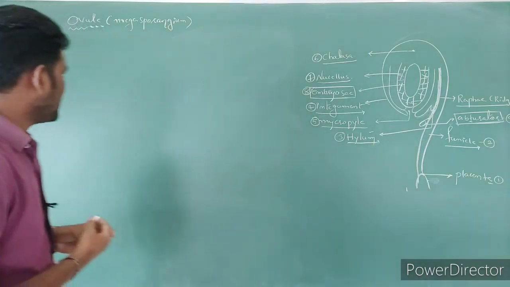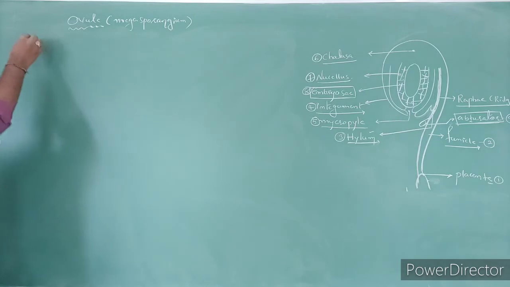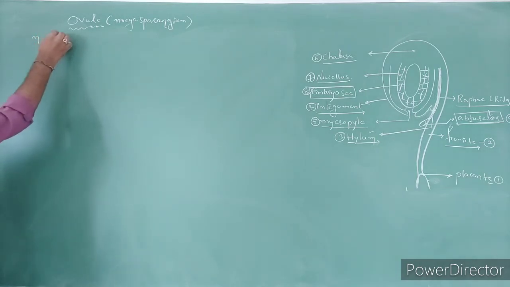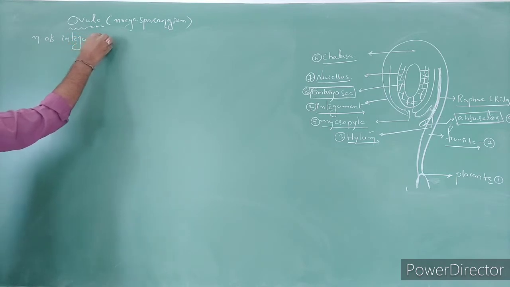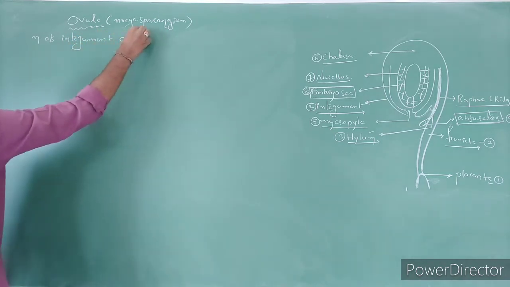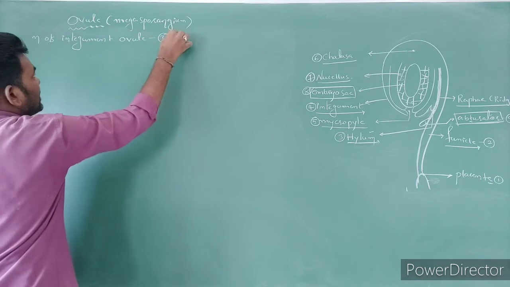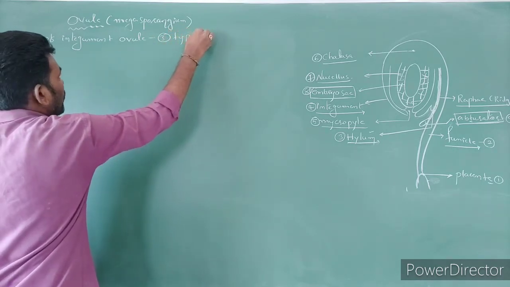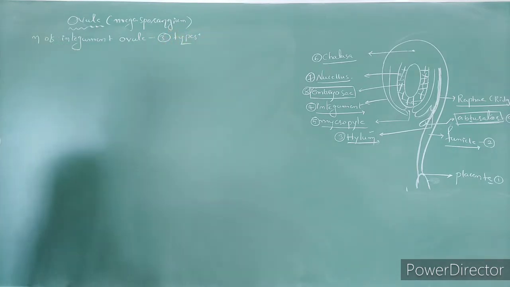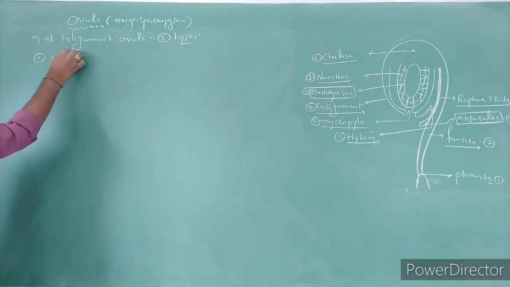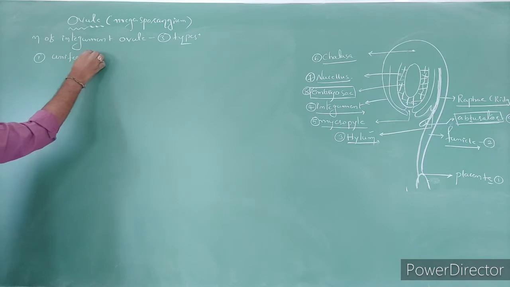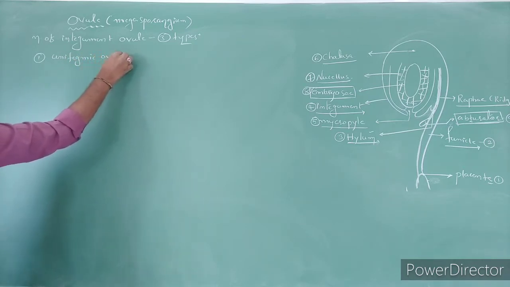The point is, based on the number of integuments, ovules are divided into three types. The first one is the unitegmic ovule.